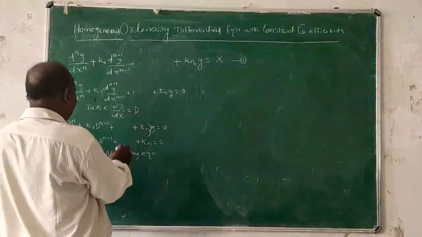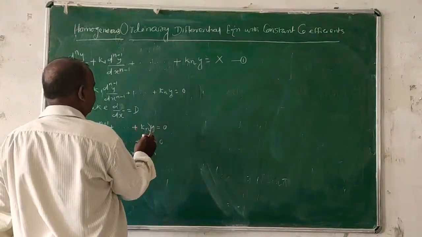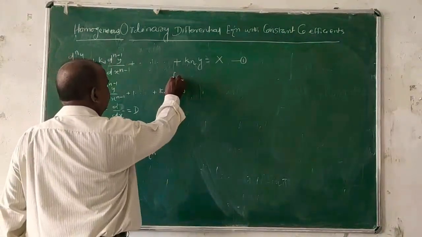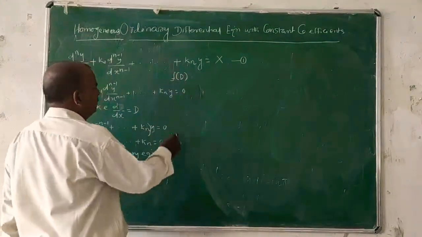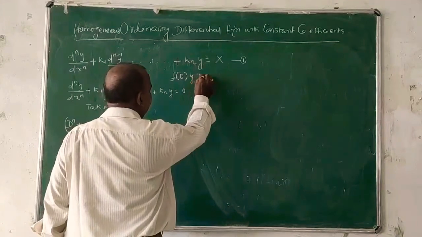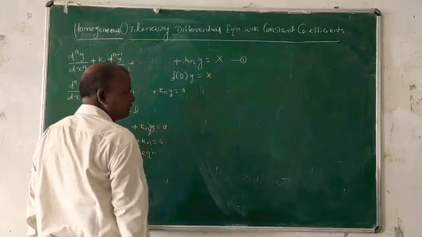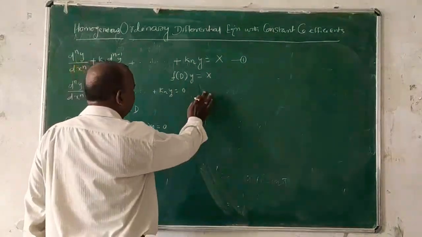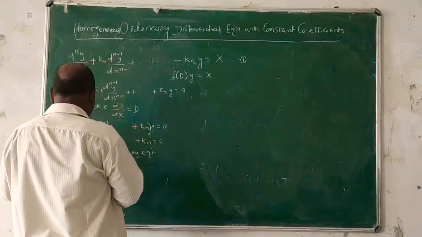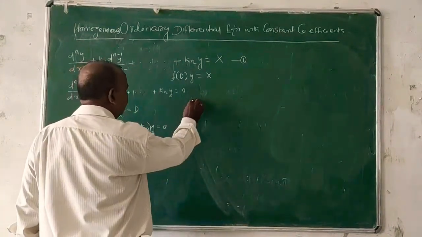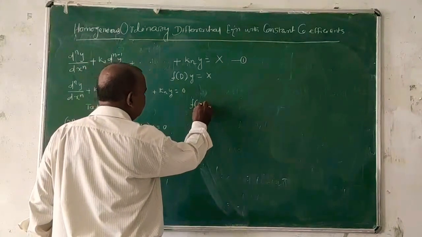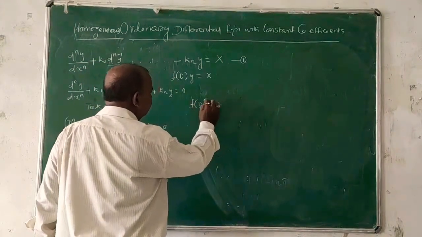So I can write like this. Equation number 1 can be rewritten as f(D) y = X. In order to find the complementary function, you take f(D) = 0.